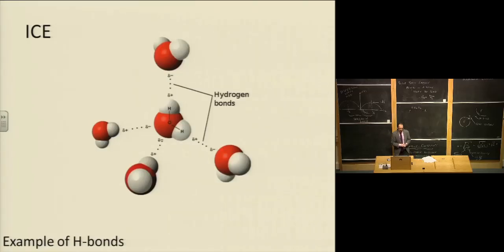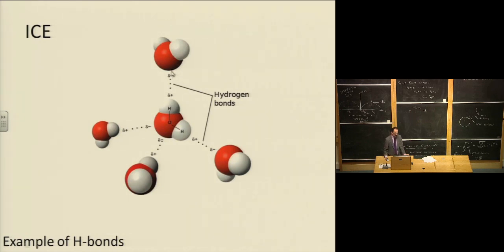So ice is sort of the classic example of that, where you have a hydrogen sitting on the surface of oxygen to make your H2O, but the oxygen has essentially removed the electrons from the hydrogen to a very large extent, leaving behind a bare nucleus, a bare proton.